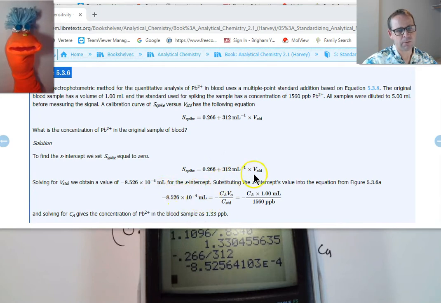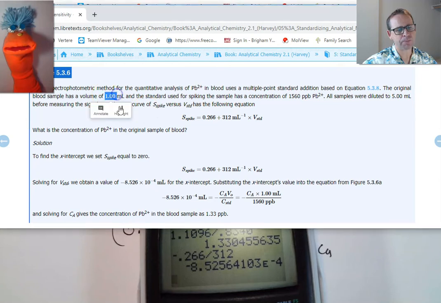And now that volume of our standard is equal to the concentration of the analyte times the original volume of our sample, divided by the concentration of the standard. Oh, the volume initial wasn't the dilution volume of 5. So our initial volume was 1 milliliter.